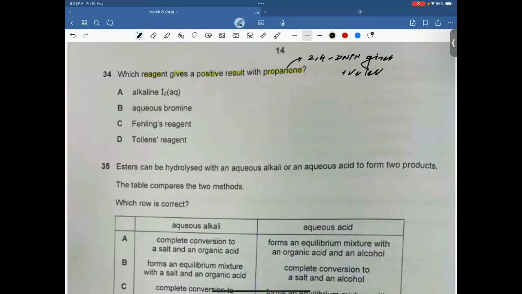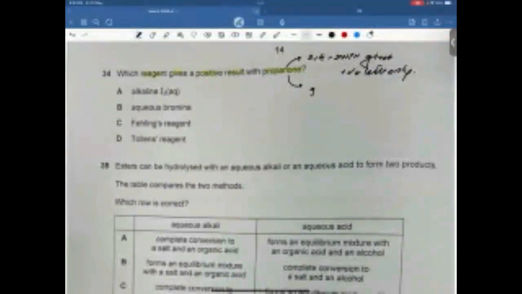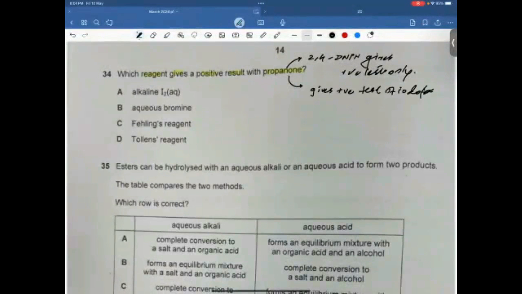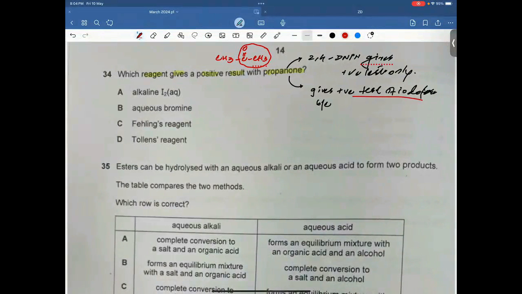My bad. Just one more thing. It can also give a positive test of iodoform, because propanone has a structure like this. So this compound has a CH3CO group, which means it can give you a positive test of iodoform.